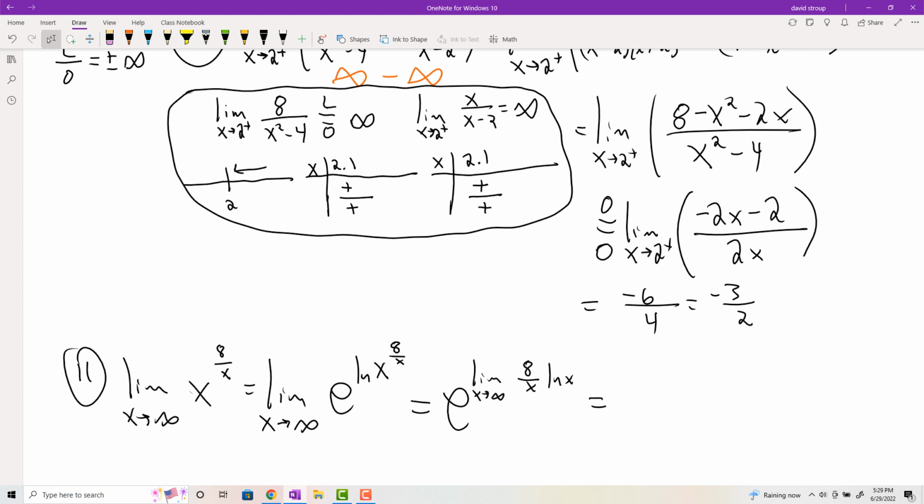Then this form as x goes to infinity is actually 0 times infinity. It's pretty easy to turn into a fraction, though. You just go limit as x goes to infinity of 8 ln x over x. And then that form is infinity over infinity. So you could do L'Hopital's to it.